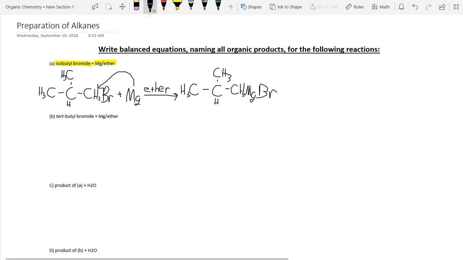I'll actually still have 2 hydrogens. The magnesium's replacing the bond with bromide, and bromide's now bonded onto magnesium. So that's the product. If it's just magnesium and ether, you're just left with this Grignard right here.